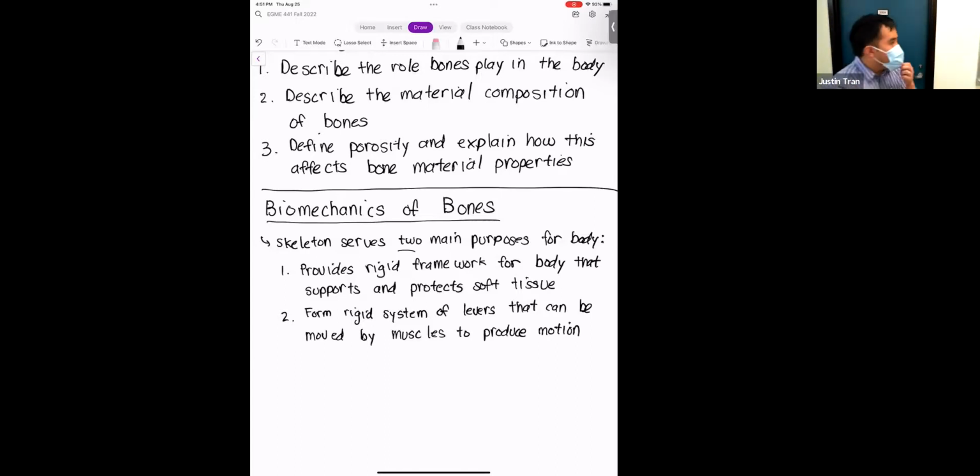And of course, when your bones move relative to each other, this is what we call human motion.